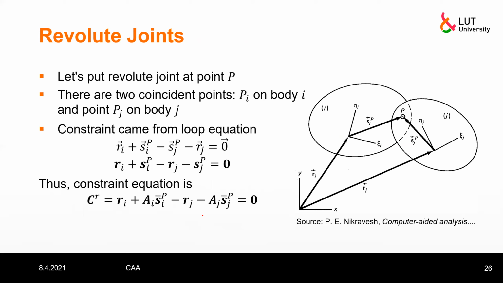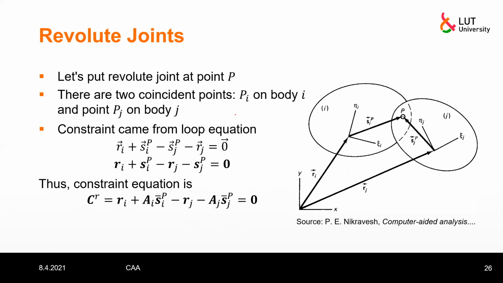So firstly, we'll talk about revolute joints. In the planar case, if we have a revolute joint between body i and body j at point P, it means that that point is constant with respect to both bodies, and with respect to this point, both bodies can just rotate. This is the common axis of rotation.